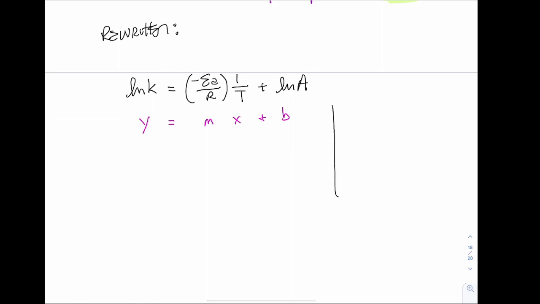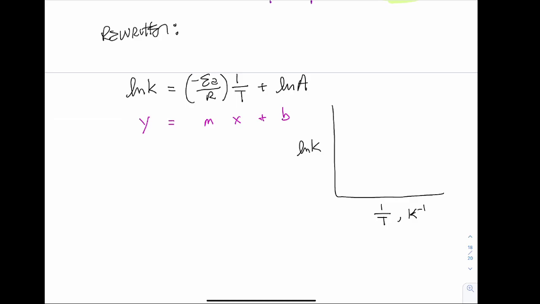Sketching a graph for us. I'm going to have the natural log of my rate constant on my y-axis, and we're going to have 1 over temperature on my x. My temperature is in Kelvin, so units here would be Kelvin to the -1 or 1 over Kelvin, right?